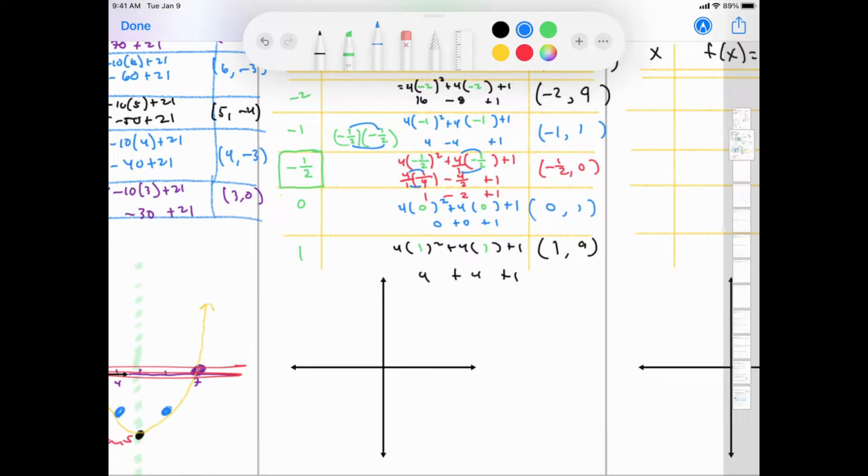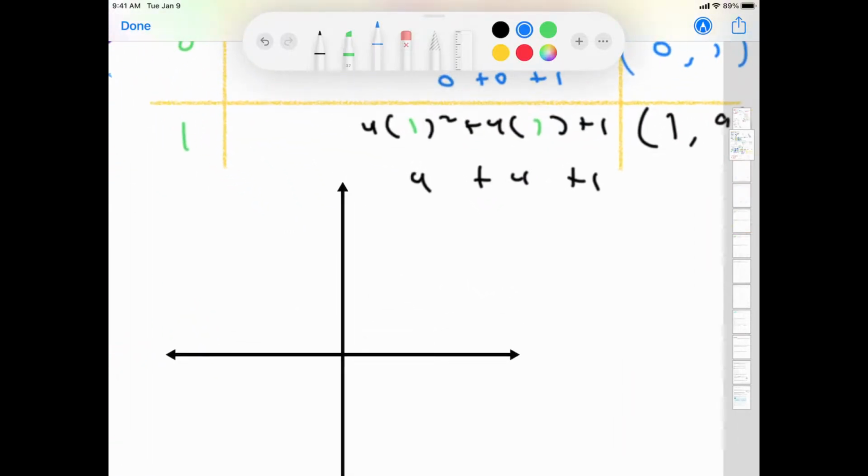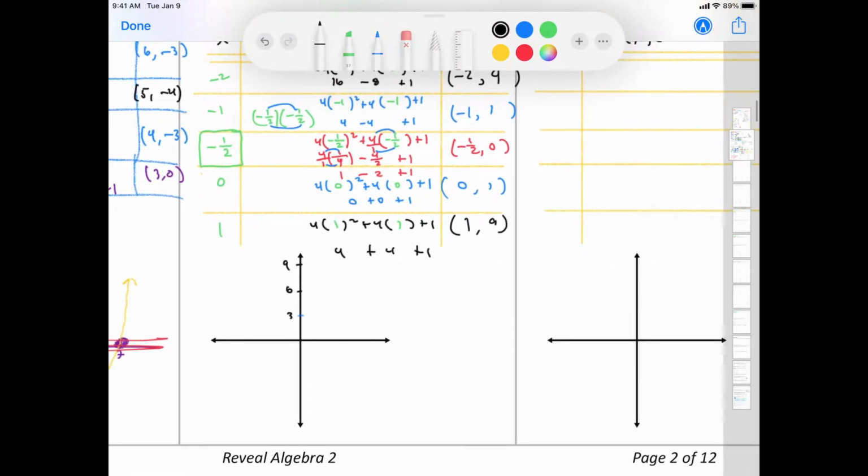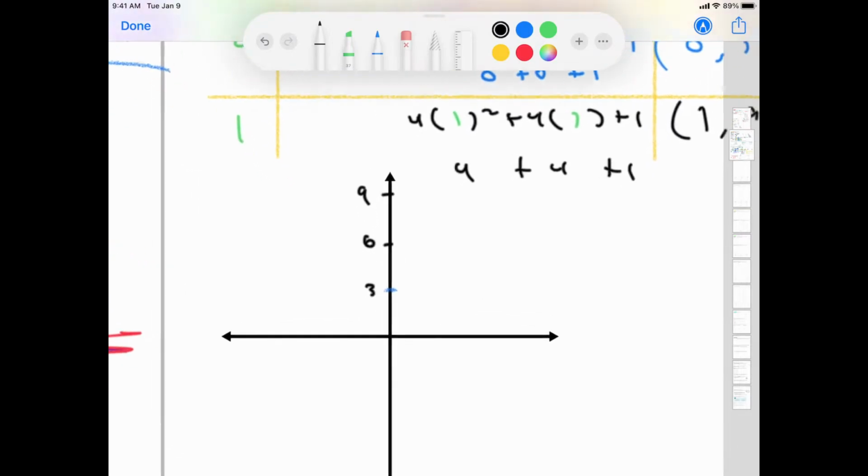Okay, so it's going to get up to 9 on the y-axis. So let's just count this as 3. 3. Okay, I didn't want it black, but it's fine. 6, 9. And we're going to be going from -1/2.